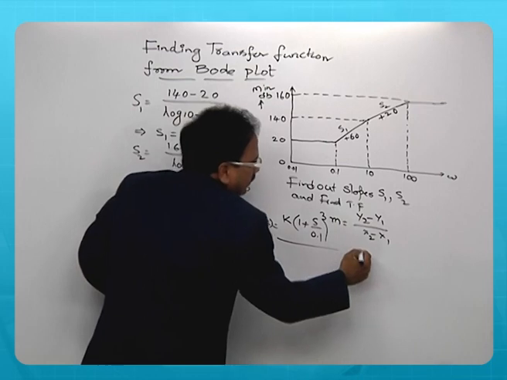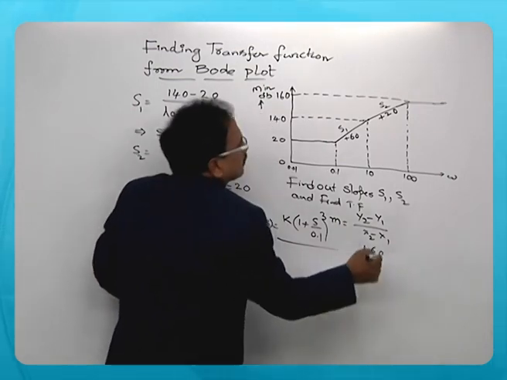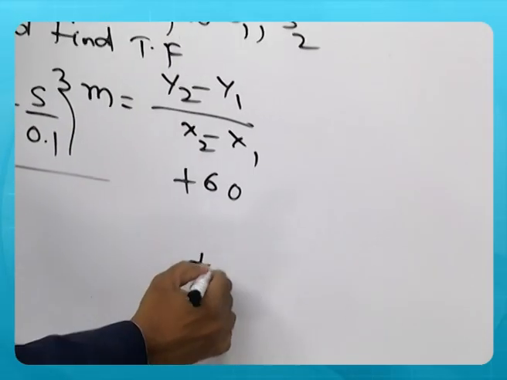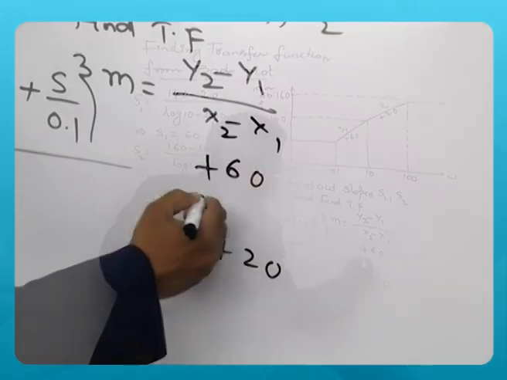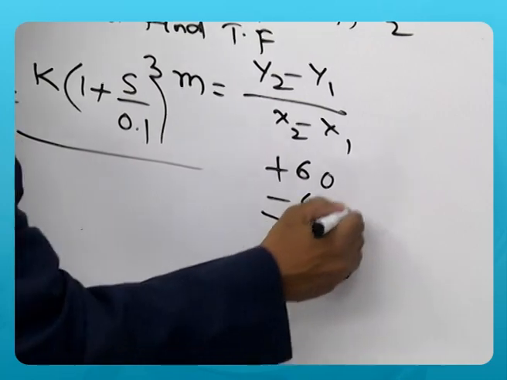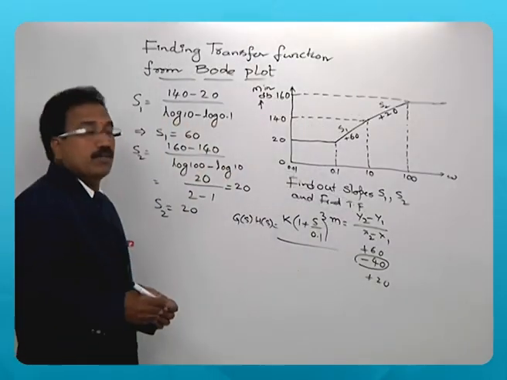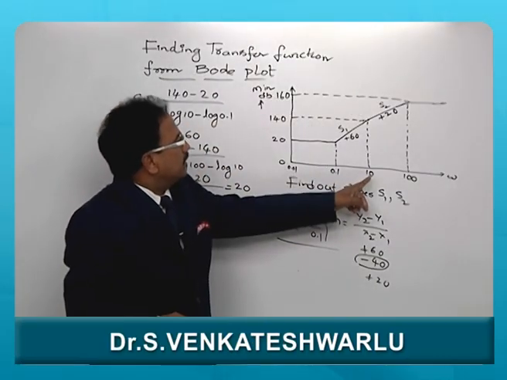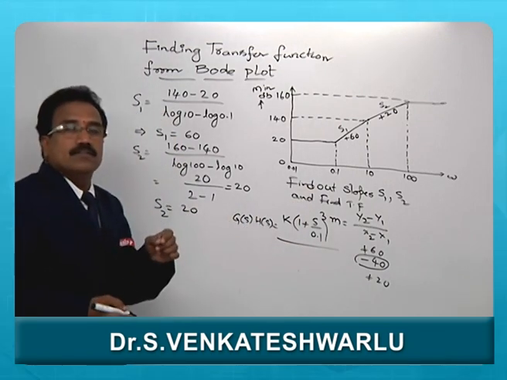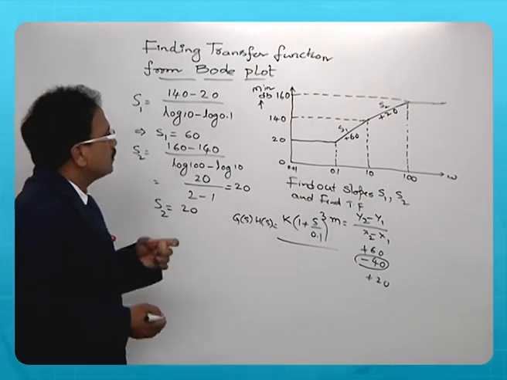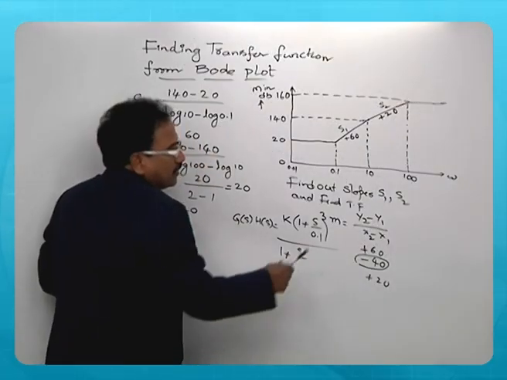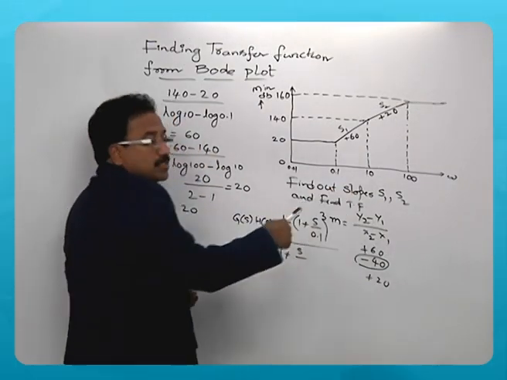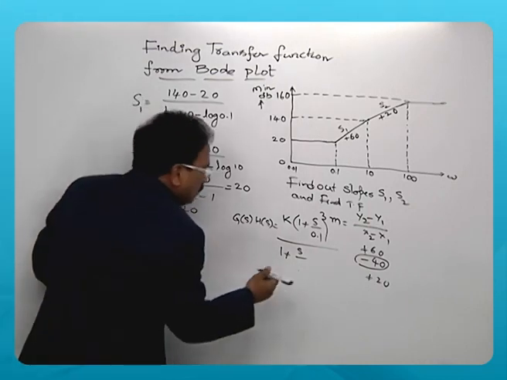So plus 60, the result is plus 20. That means plus 60 will become plus 20 only when you add minus 40, the meaning of minus 40 at corner frequency 10 is there are poles. Such poles are 2. So I must write 1 plus s by the corner frequency where the slope changes to plus 20.